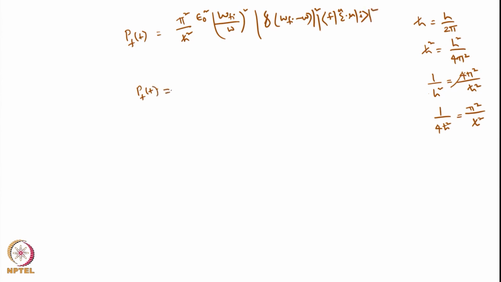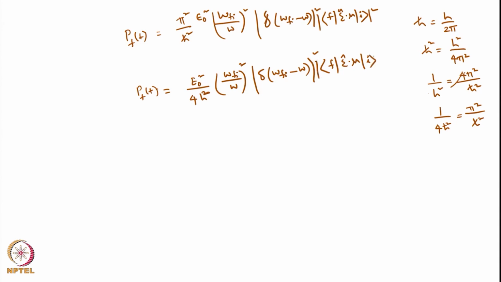So this can also be written as E naught square by 4 h square, omega fi by omega whole square, delta omega fi minus omega whole square, modulus of f epsilon dot mu I whole square.